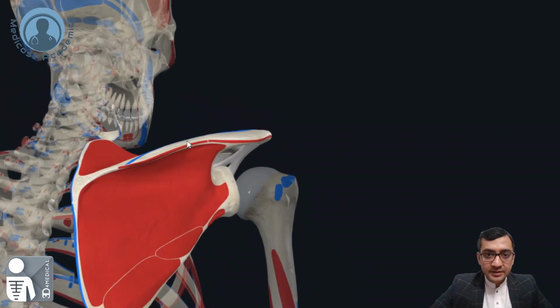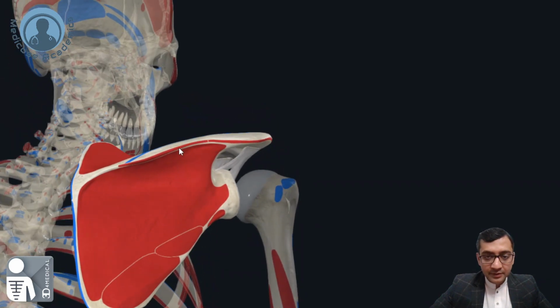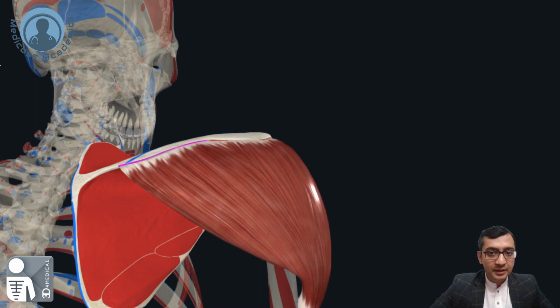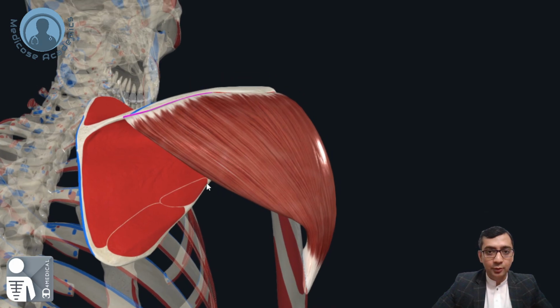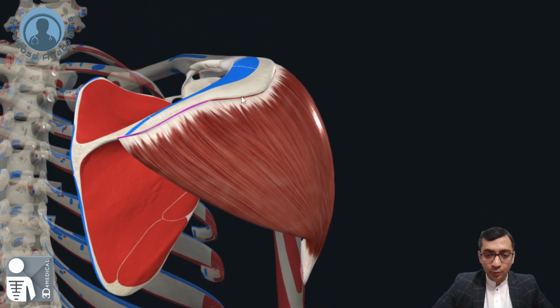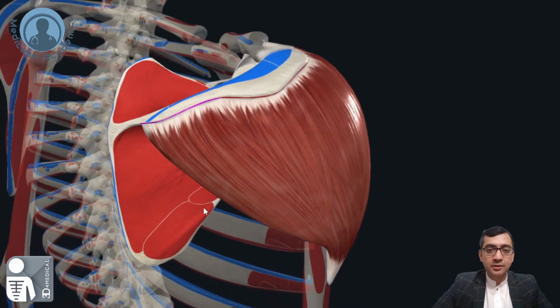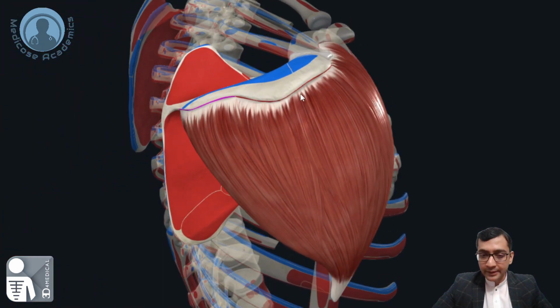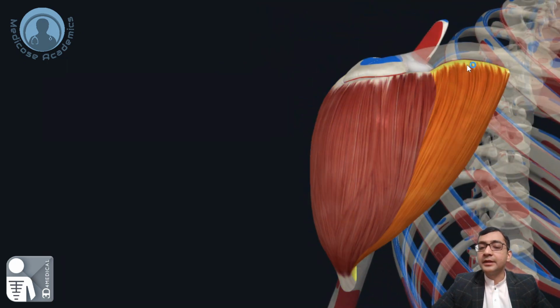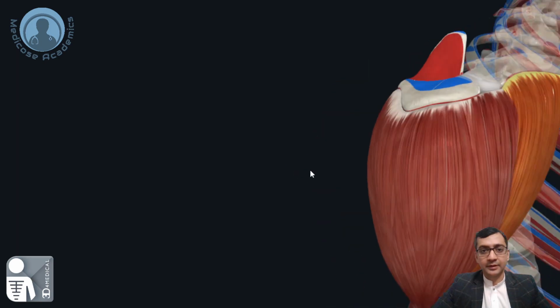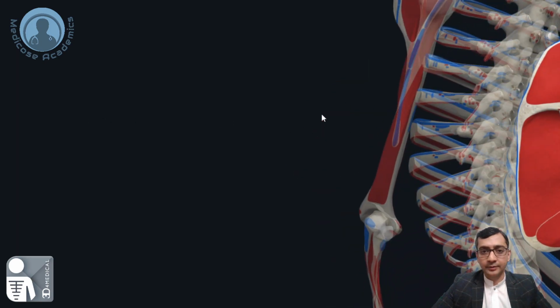The muscle that is arising from the inferior margin is the one that you have already seen in the clavicle lecture. You are very familiar with it: the tip of the shoulder joint, that is the deltoid muscle. It arises from the lower margin, and this muscle continues to be attached to the lateral margin of the acromion and continues to the anterior border of the lateral one third of the clavicle. So this is the deltoid.